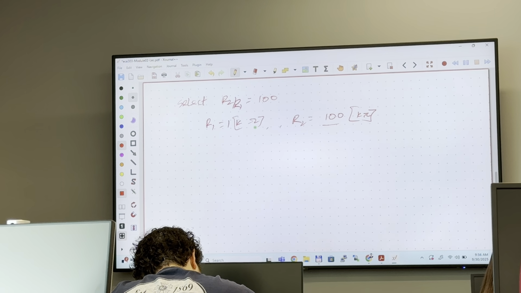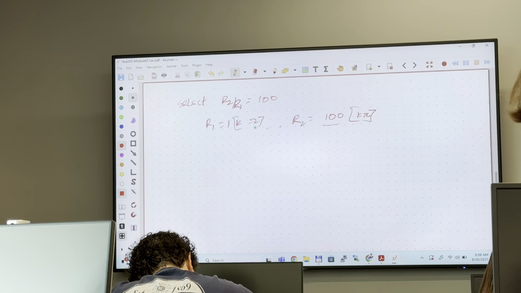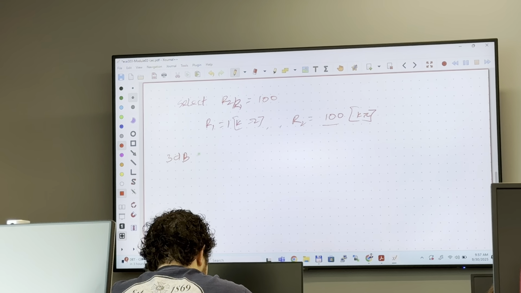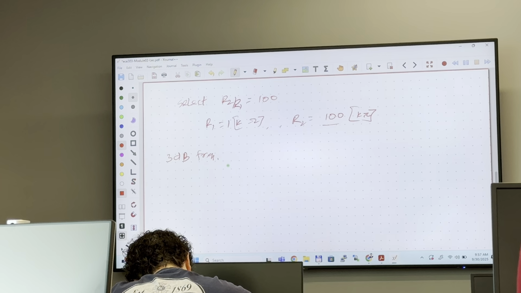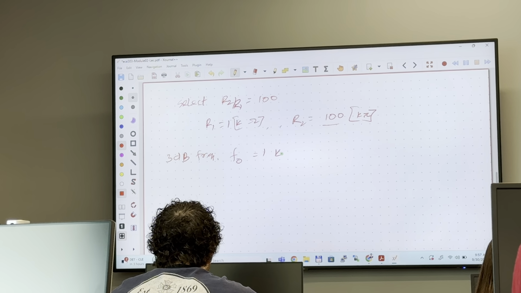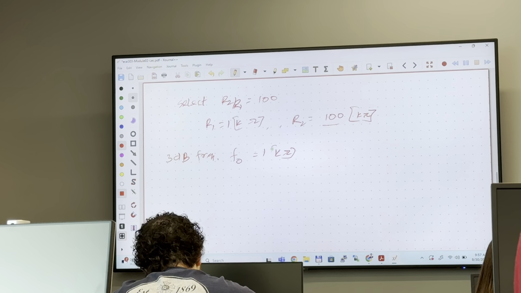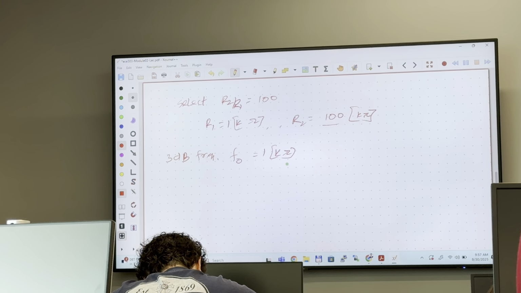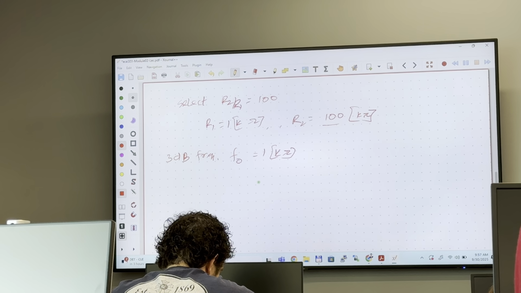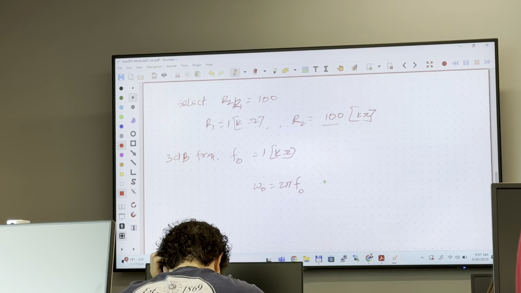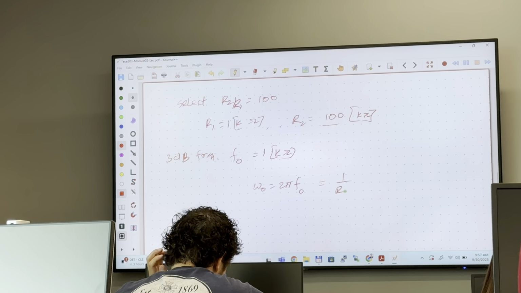Now, the 3 dB frequency F0 is going to be 1 kilohertz. So we know that omega naught equals 2 pi F0 equals 1 over R2 C2.